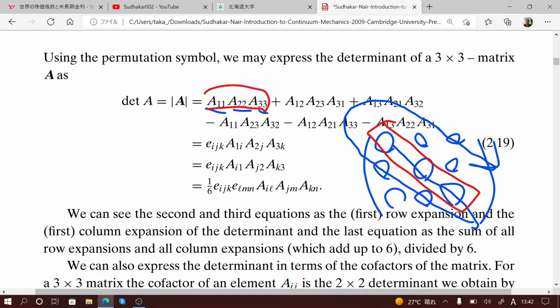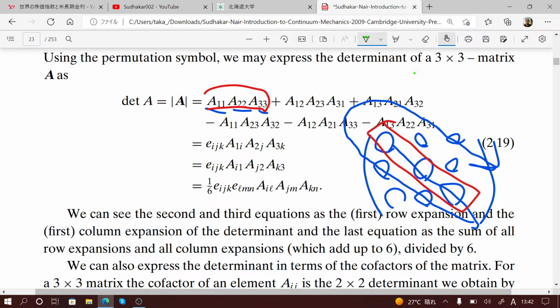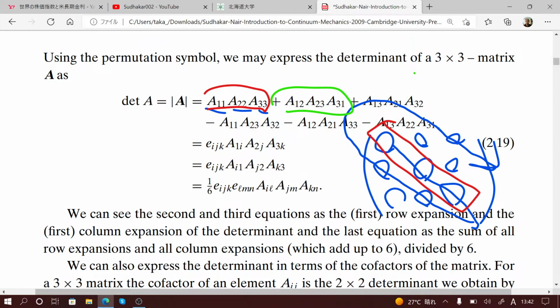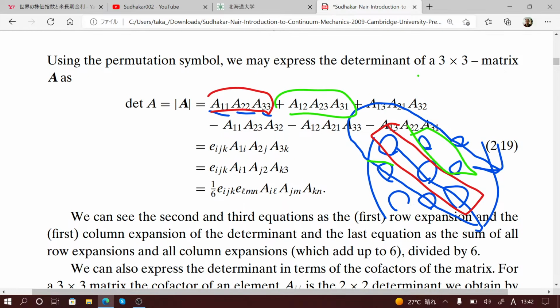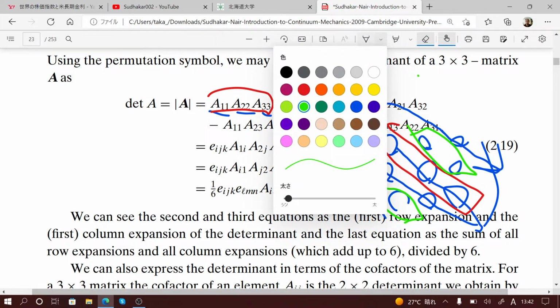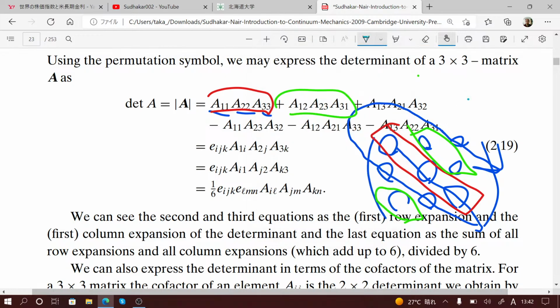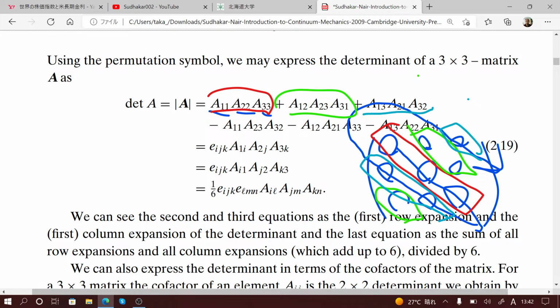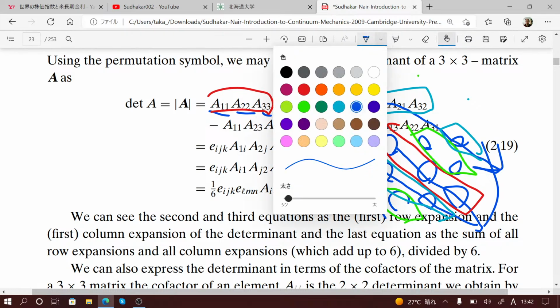So then this second one, let me use green. This one is this green. Then we go in the opposite diagonal.